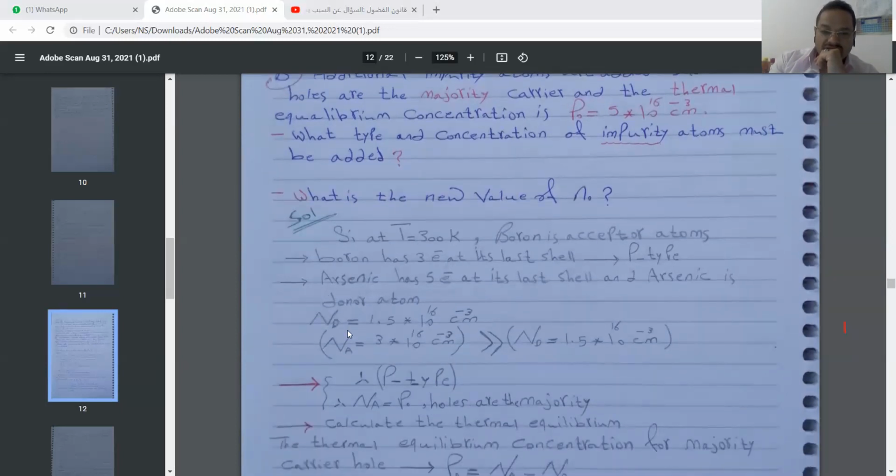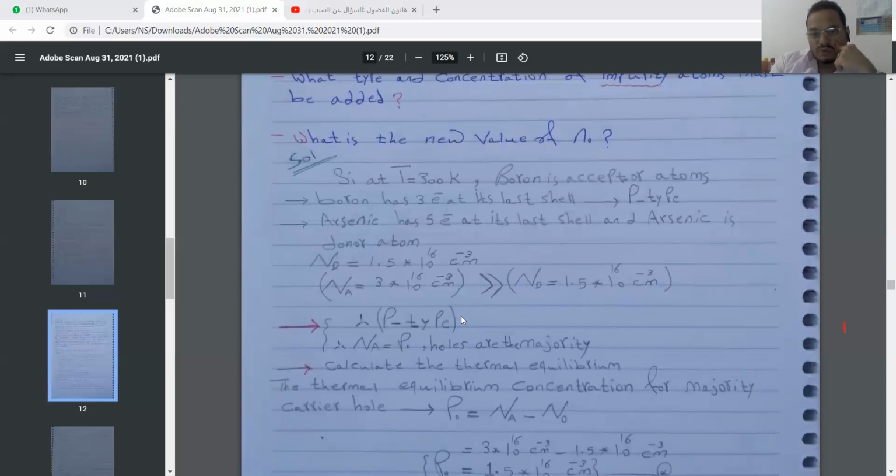Here, Na is bigger than ND: 3 exponential 16 is bigger than 1.5 exponential 16. That means we're dealing with P-type. And in P-type, P naught equals Na, the holes are the majority, and N naught, the electron concentration, is the minority.